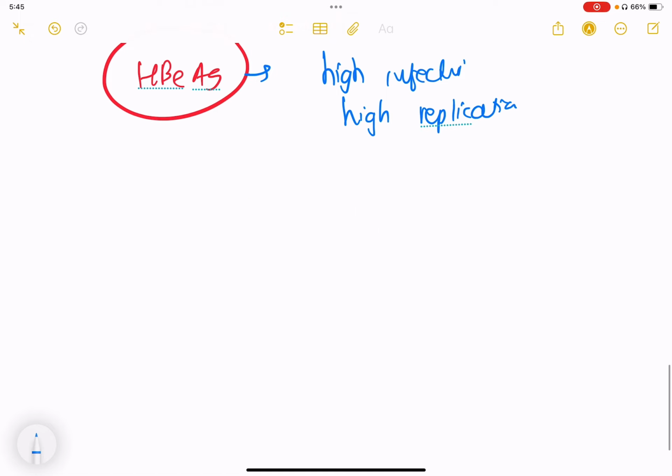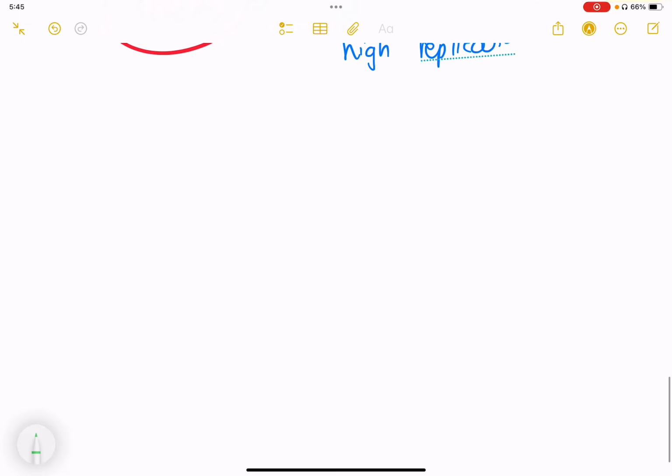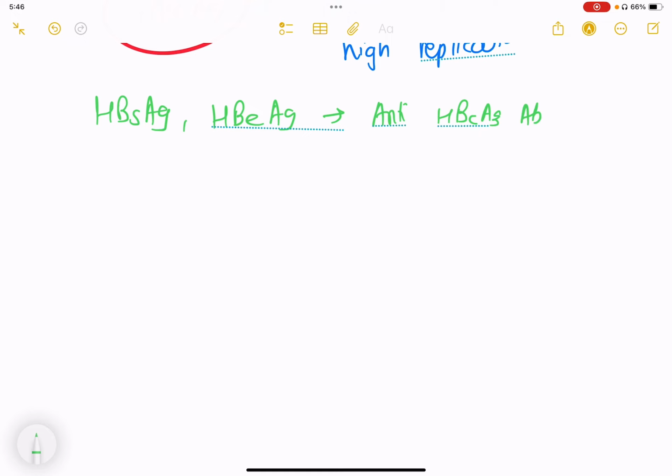So overall, when it comes to decoding the presence of these antibodies and antigens, if someone has surface antigen positivity and E antigen positivity, along with anti-core antigen antibody, this means the patient has acute hepatitis B infection.